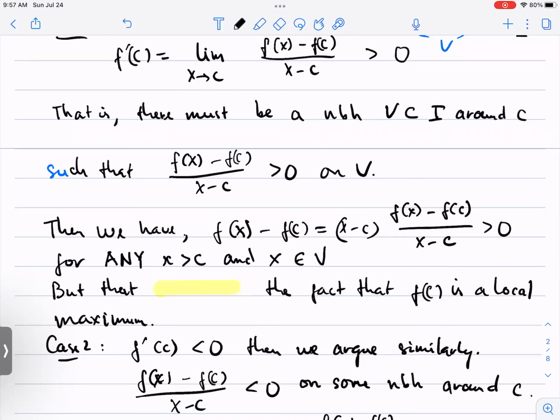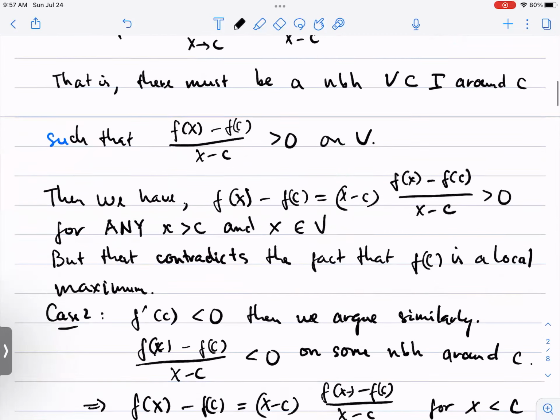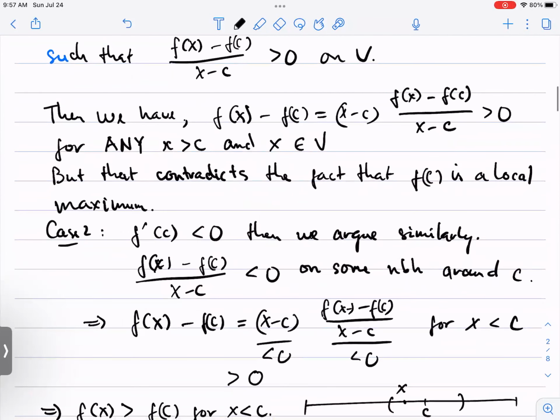But that contradicts the fact that f of c is a local maximum. Remember, the definition of local maximum is that it is greater than any nearby. And here we found many nearby points such that f of x minus f of c is positive.